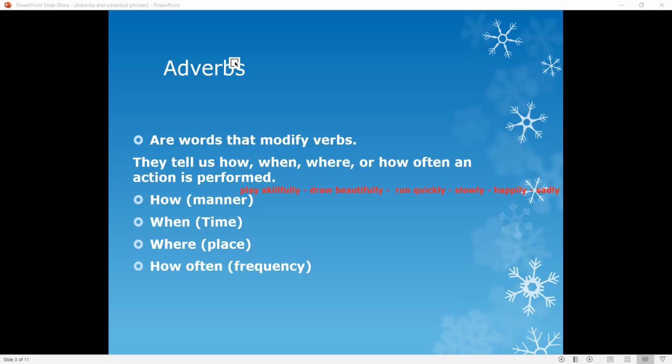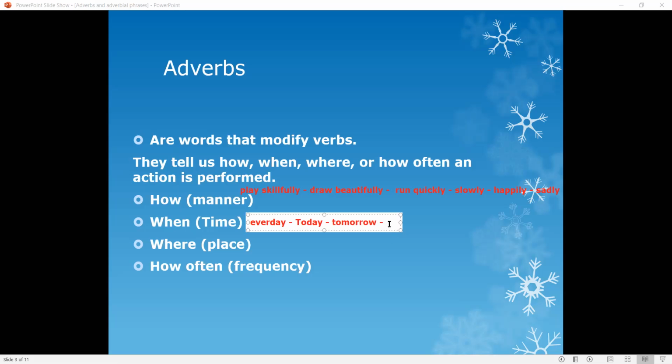When, adverbs of time. We have today, tomorrow. But they have to describe a verb. Also, like every day, for example, I go to school every day.